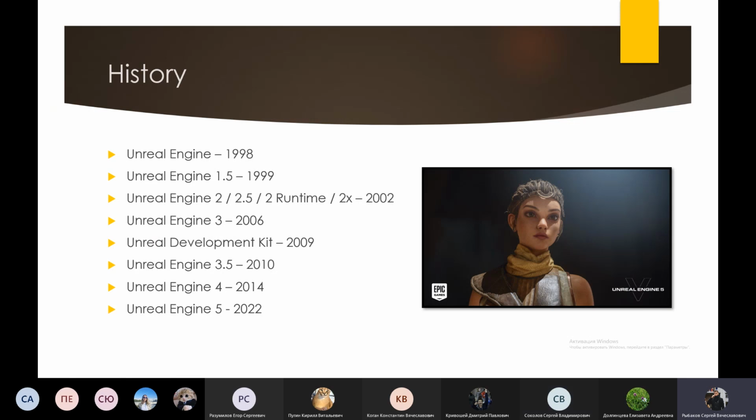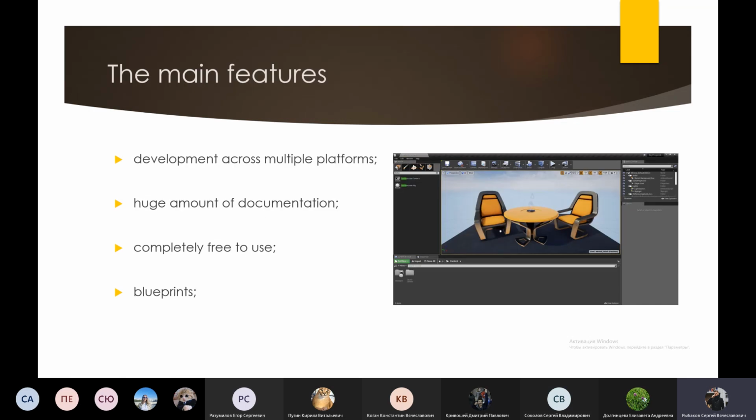In the fourth version, optimization and new technologies of particle system and material editor were added. And in the announced Unreal Engine 5, there will be a new light calculation, ray tracing system in the night, and geometric Niagara system of particle interaction and some other new things.